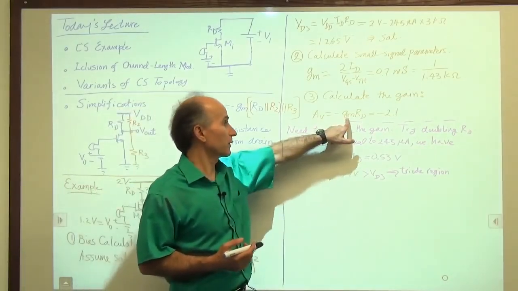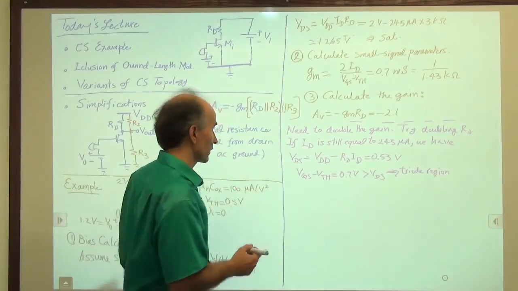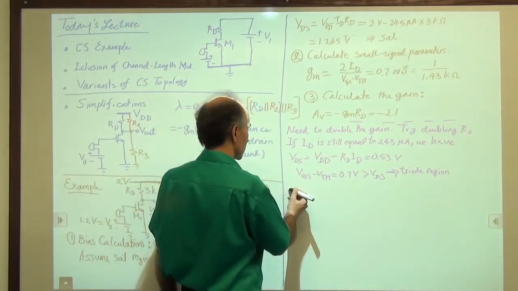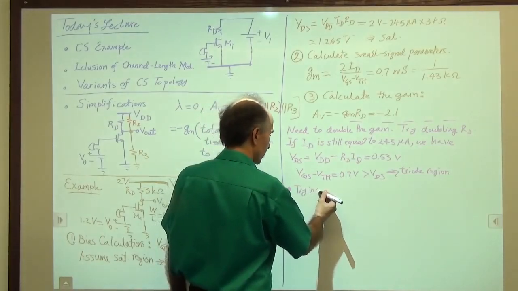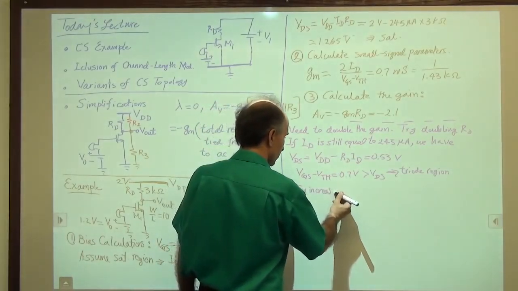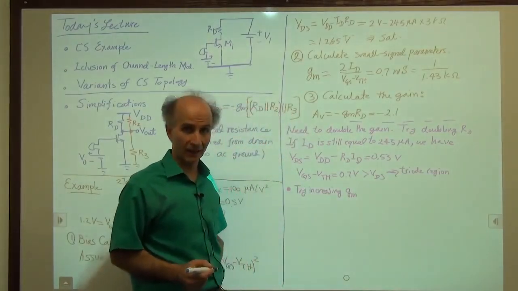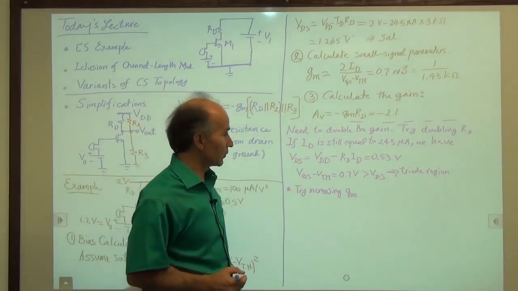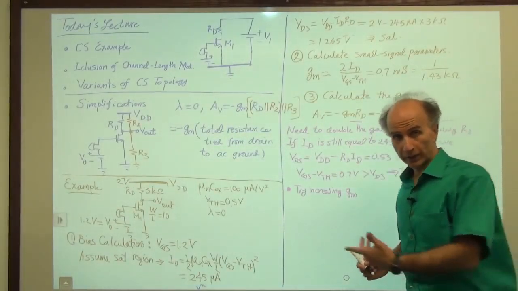Okay, so that was the issue with increasing RD. Now you say, well, why don't we increase gm? Not RD, just gm. Okay, so let's try increasing gm in order to increase the gain. Well, gm has 3 expressions. I will write one of the expressions, which is quite helpful in this case.